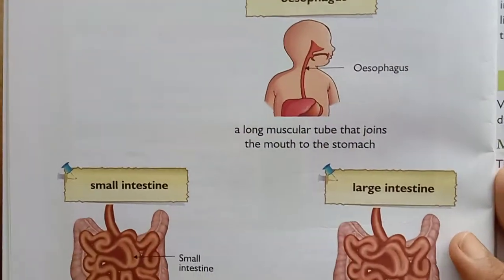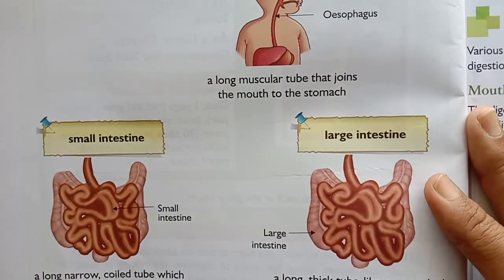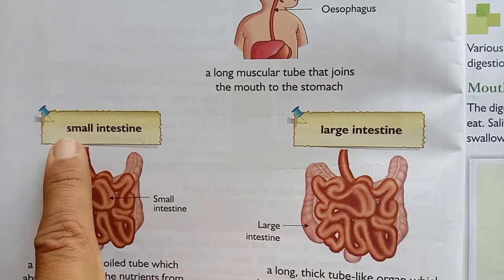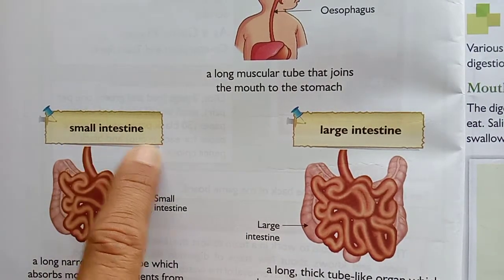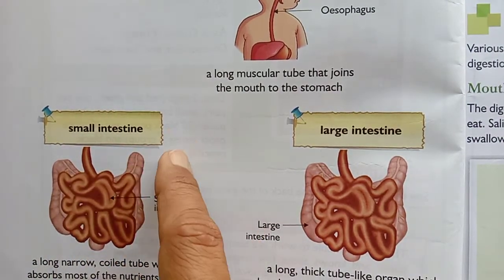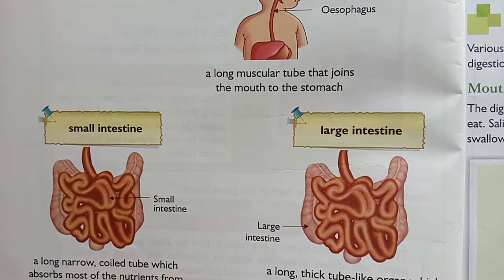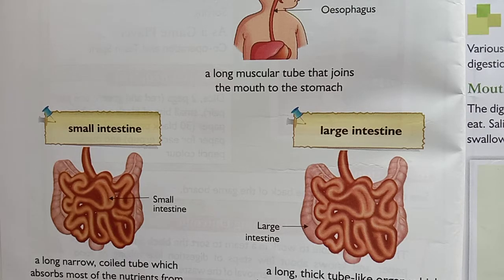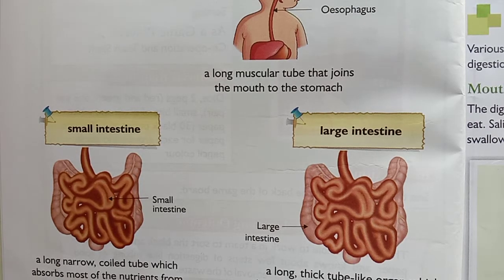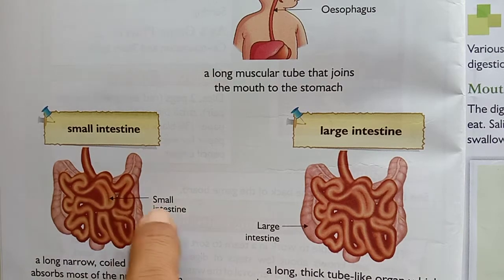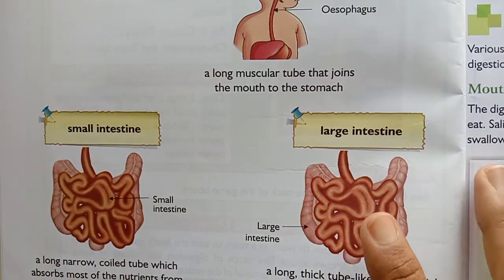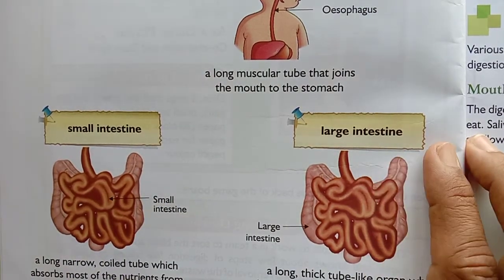Okay, students. Now let's go for the next word, that is small intestine. Small intestine means a long, narrow, coiled tube which absorbs most of the nutrients from digested food. Next one is large intestine.